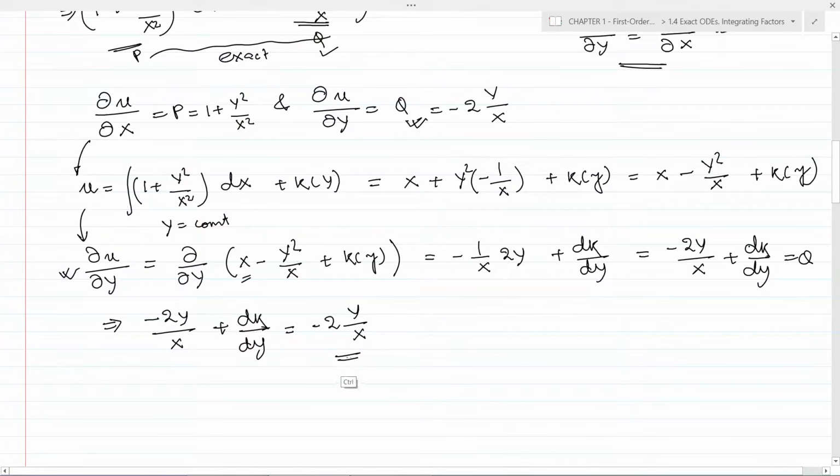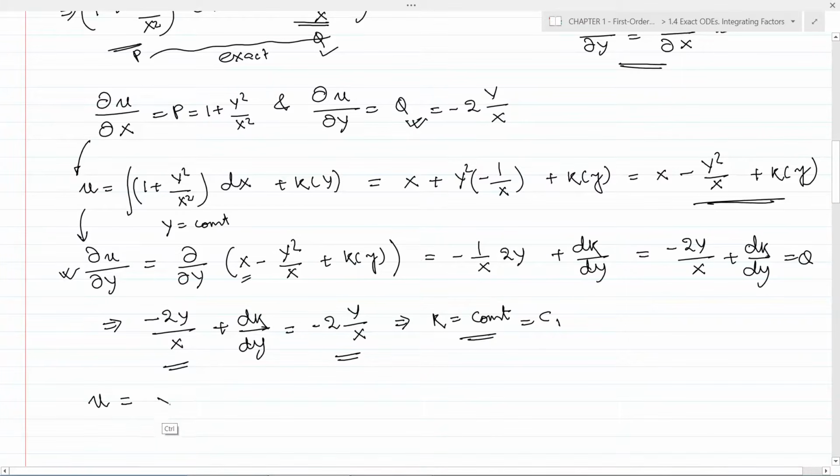This minus 2y by x term cancels from the left and right hand sides, and we write k equal to a constant as the solution, or k equal to, let us take a constant C1. This value of C1 we can replace in the provisional value of u to get the final value of u.